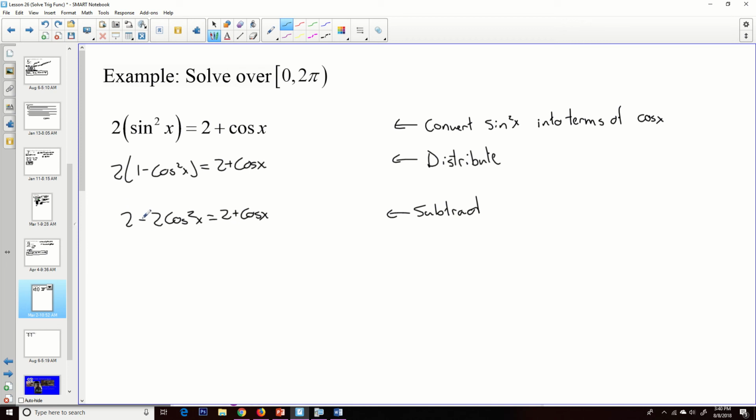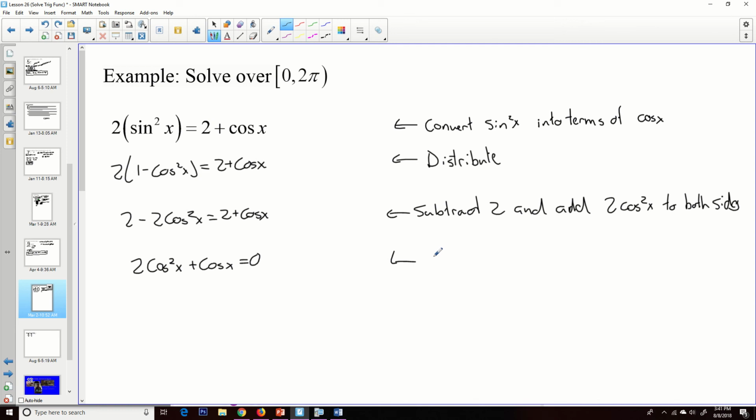And then if I add 2 cosine squared x to both sides, I'll get 2 cosine squared x plus cosine x equals 0.